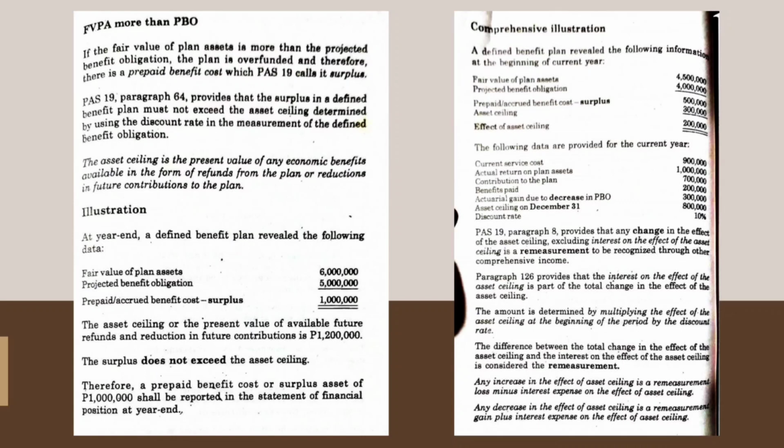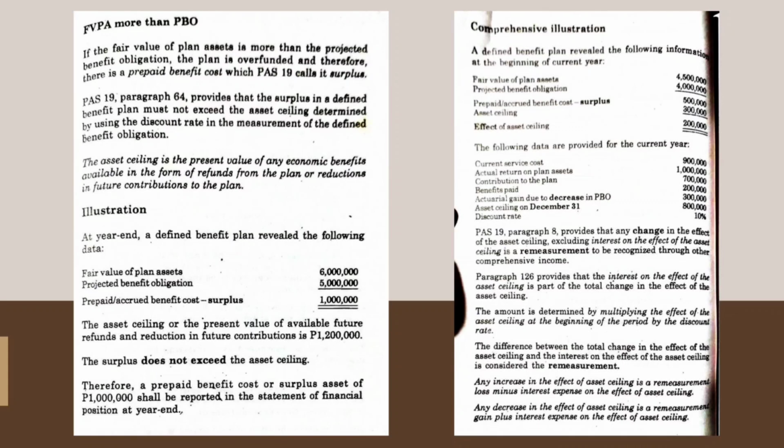So PAS 19 paragraph 8 provides that any change in the effect of the asset ceiling, excluding interest and the effect of the asset ceiling, is remeasurement to be recognized through other comprehensive income. So paragraph 126 provides that the interest on the effect of the asset ceiling is part of the total change in the effect of the asset ceiling. The amount is determined by multiplying the effect of the asset ceiling at the beginning of the period by the discount rate.